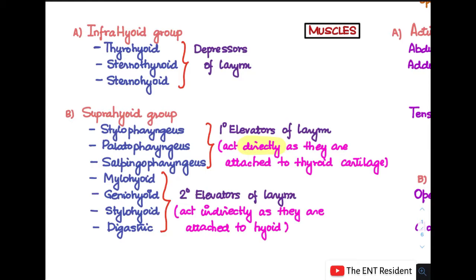And the secondary elevators, they are acting indirectly because they are attached to the hyoid bone, which is not a part of the laryngeal framework. So these suprahyoid group basically consists of Stylopharyngeus, Palatopharyngeus, Salpingopharyngeus, which are the primary elevators, and the Mylohyoid, Geniohyoid, Stylohyoid and the digastric, which are the secondary elevators of larynx.